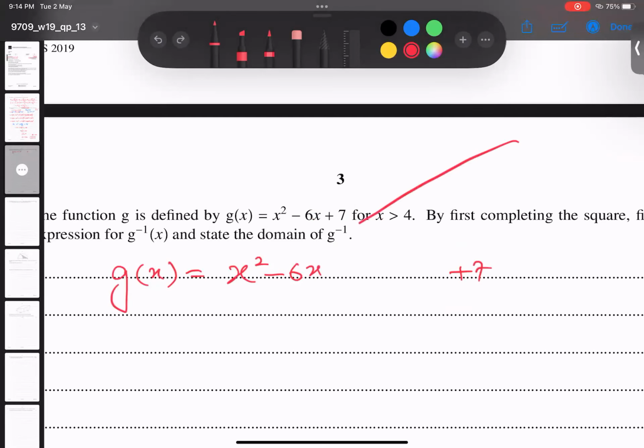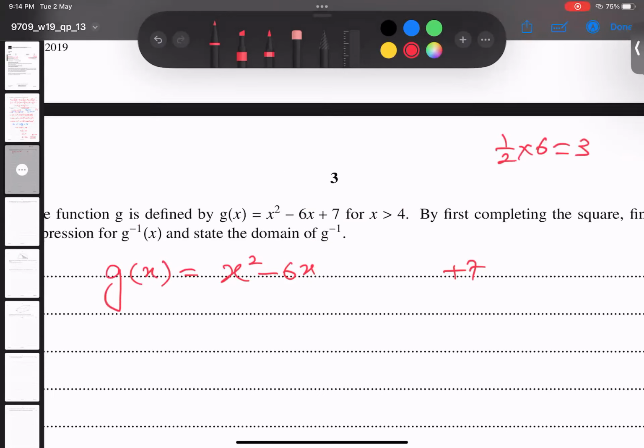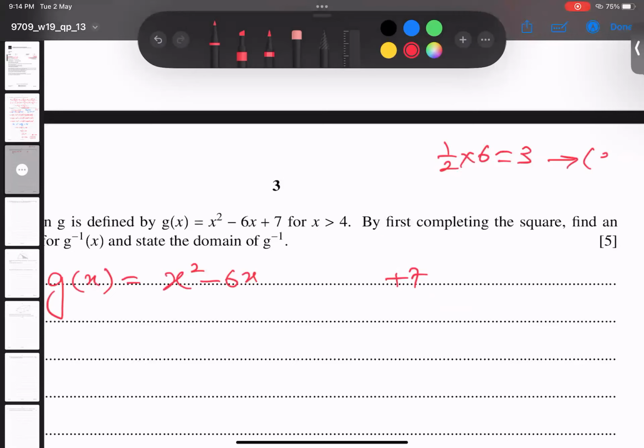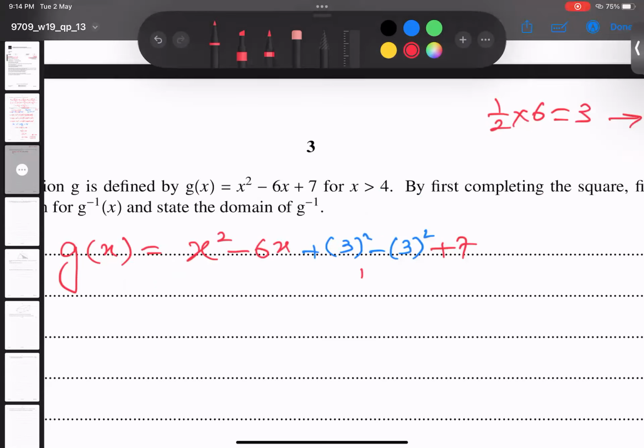Now what is half of 6? Always make a half. You get 3, and take the square of this 3. So 1 time add 3 square and 1 time subtract. This is the completing square technique. And these 3 terms will combine, and I get it as power 2.